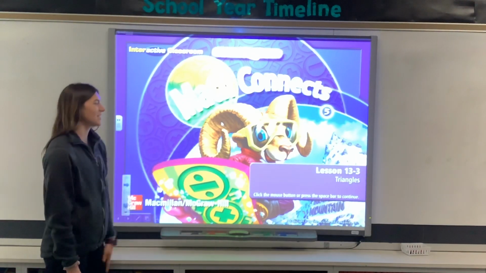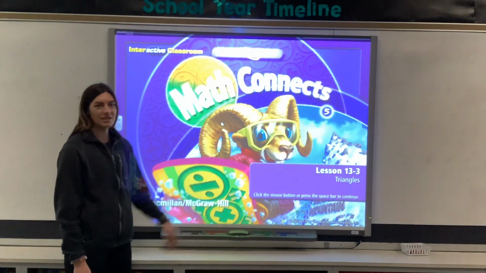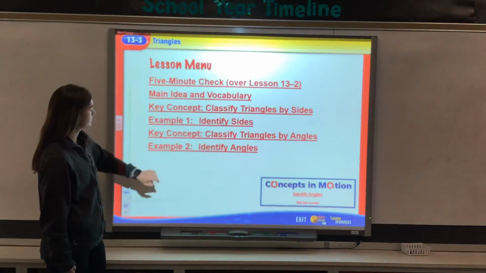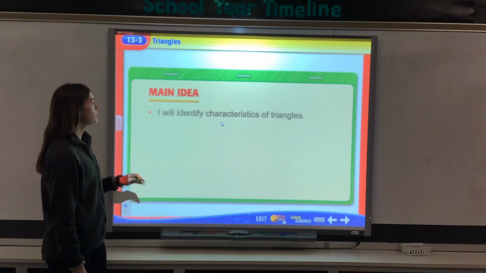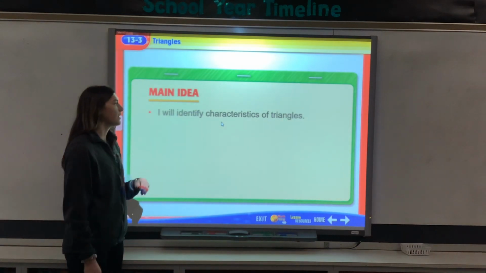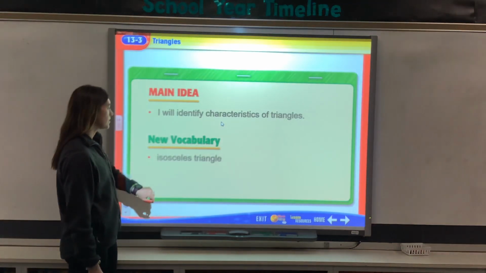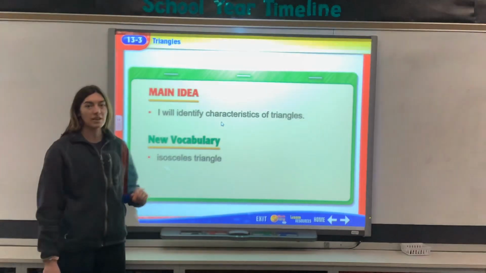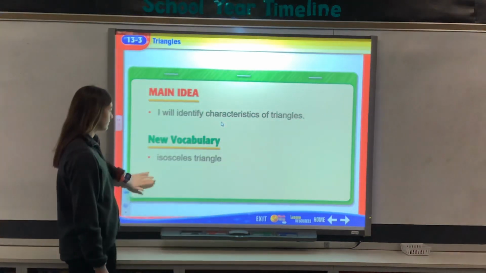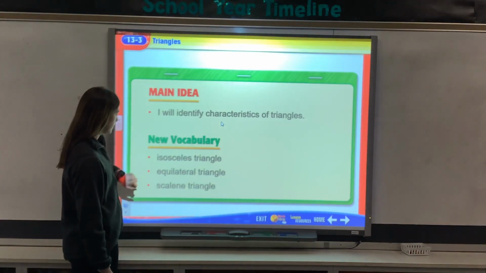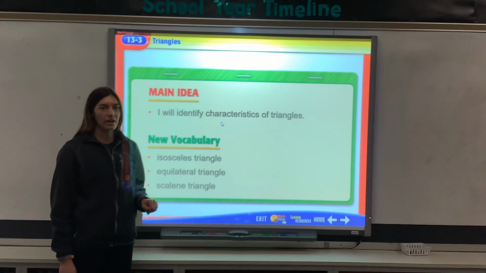Fifth graders, today we're doing lesson 13-3 on triangles. All right, our main idea: I will identify characteristics of triangles. So new vocabulary: isosceles triangle, equilateral triangle, and scalene triangle.